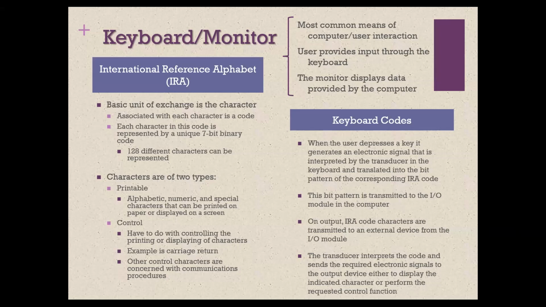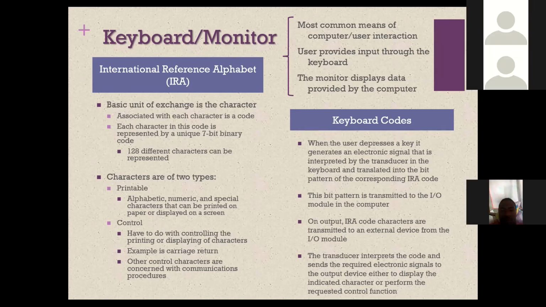Characters are of two types, either printable or control. The printable characters are the alphabetic, the numeric, as well as special characters that can be printed on paper or on a screen. Some of the control characters have to do with controlling the printing or displaying of the characters, for example, the carriage return or the enter key.